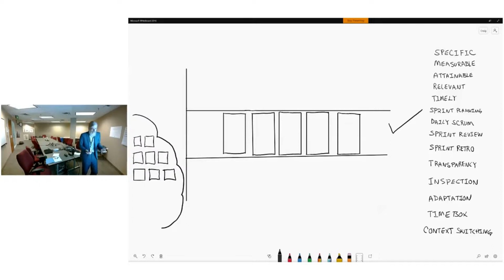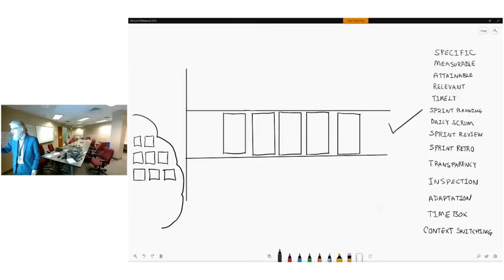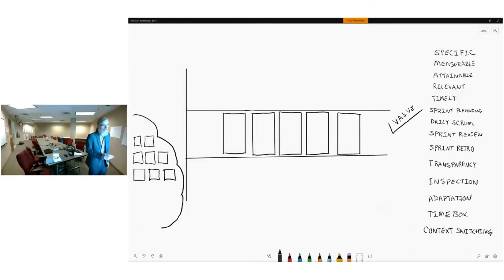And at the end of this sprint, of course, we expect to deliver value. We've talked about how at the end of a sprint, we deliver what's called a potentially shippable product or minimally viable product or an increment, but it is value that we deliver to the stakeholders at the end of the sprint.